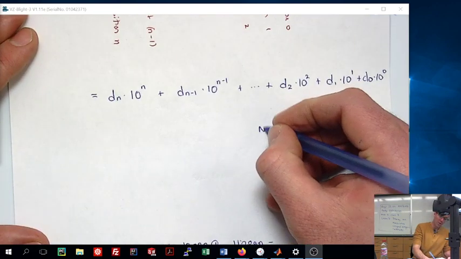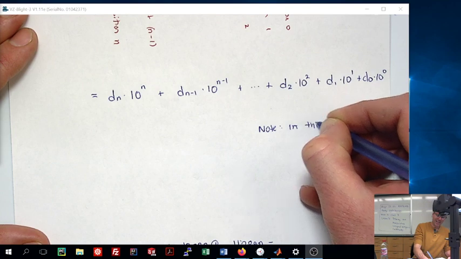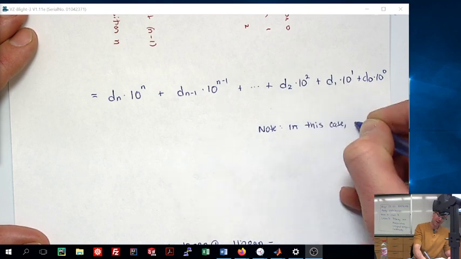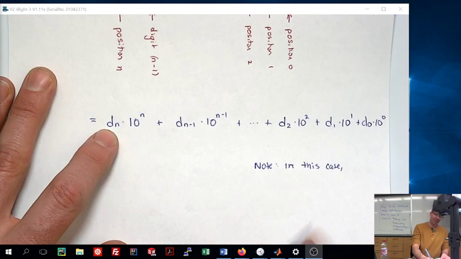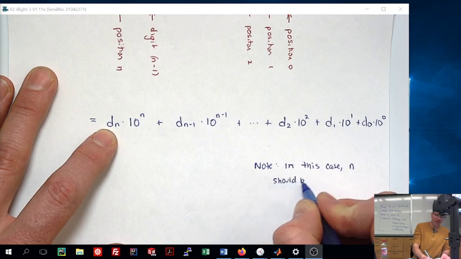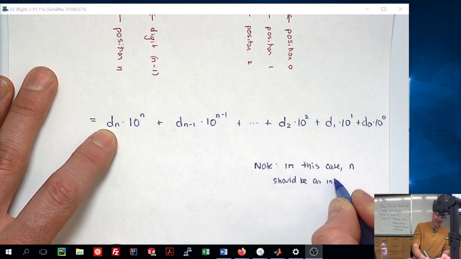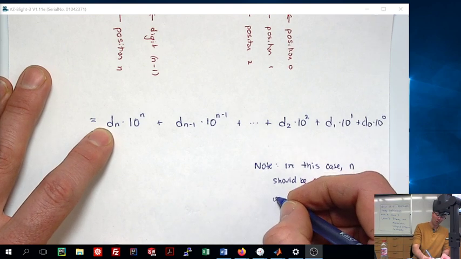So let's do a little note here. In this case, what's the smallest n could be? n should be an integer.